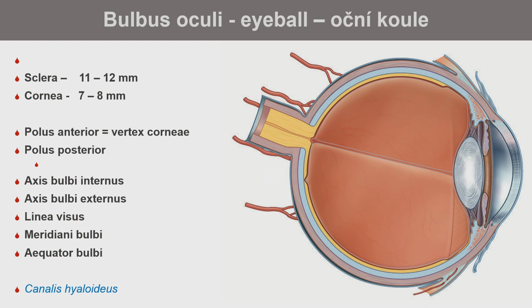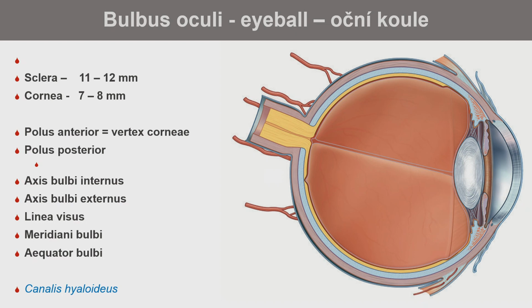The second thing is the visual system. We have the specialized organ which is made for analysis of electromagnetic waves, which are called light. This is the eyeball.